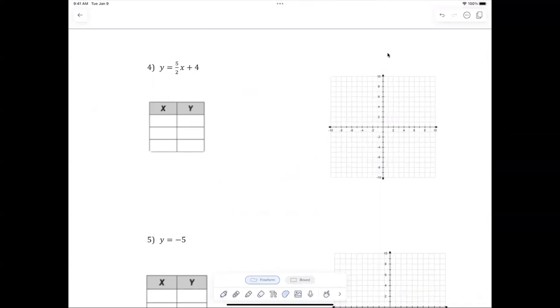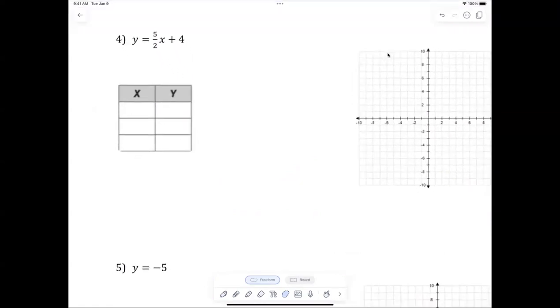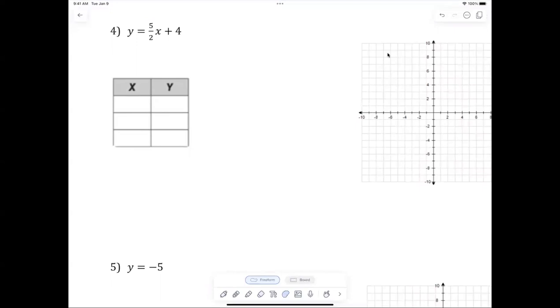All right. Now for question number 4. All right. If we want to do the same way we did, we're going to plug in what? Yeah, so everybody plug in -2, 0, and 2 and see if you can come up with the 3 points.